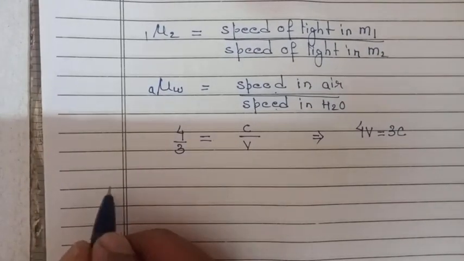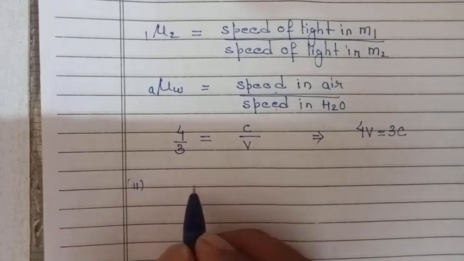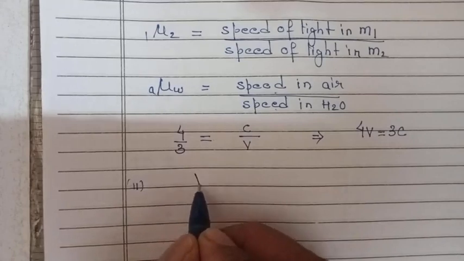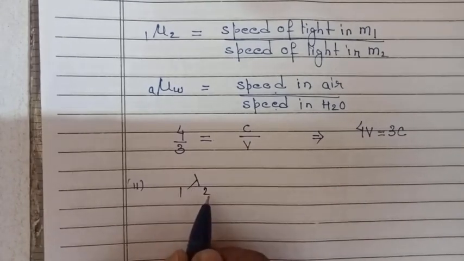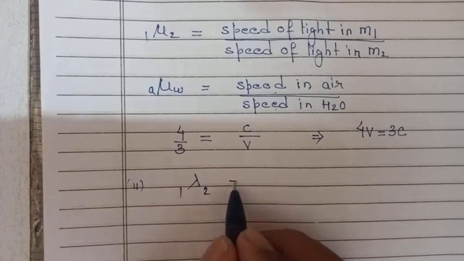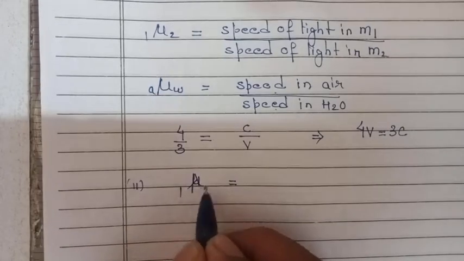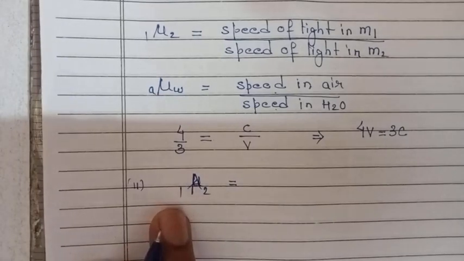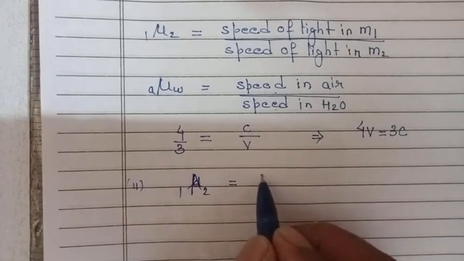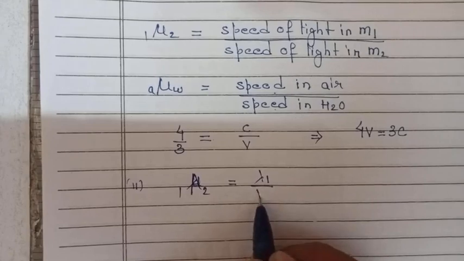Okay, now I'm using the second formula for refractive index. Again, refractive index of second medium with respect to first in terms of wavelength. Refractive index of medium 2 with respect to 1 in terms of wavelength is wavelength in medium 1 upon wavelength in medium 2.